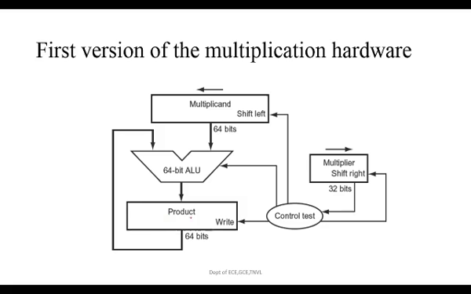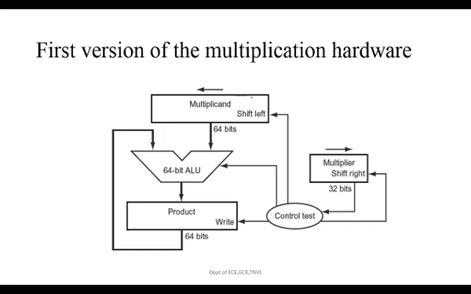This is the product register in which we store the result, and this is the control test. We saw two options, 1 and 0. If it is 1, we shift the multiplicand and add it to the product. That is the algorithm.